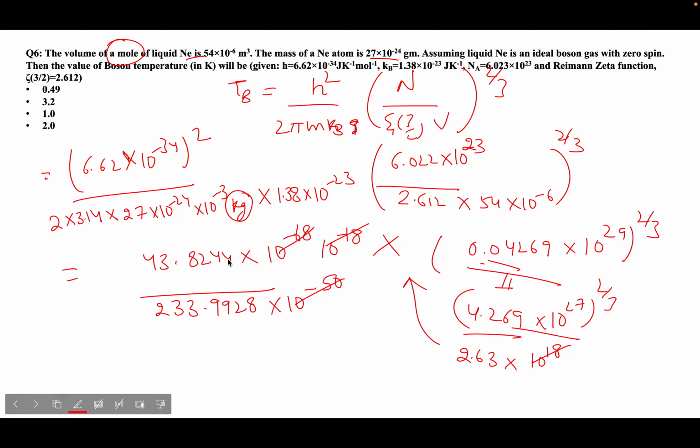So we need to multiply this 2.63 with 43.8244 and divide by 233.99. So this is 0.4925, this is TB in Kelvin. So this is the answer, 0.49.